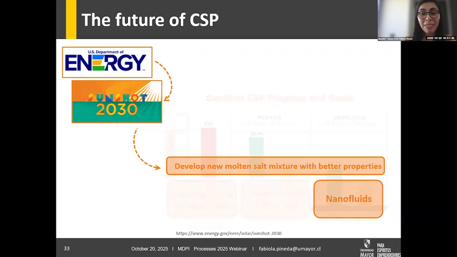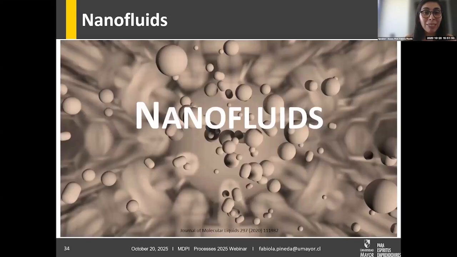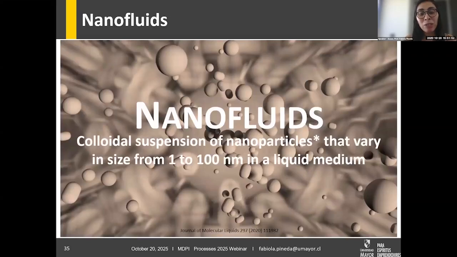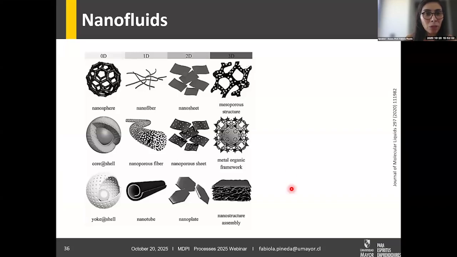The one that is more promising is nanofluids, and nanofluids are a colloidal suspension of nanoparticles that are dispersed in a liquid medium, or in this case, molten salts. So this is an image of different types of nanomaterials.